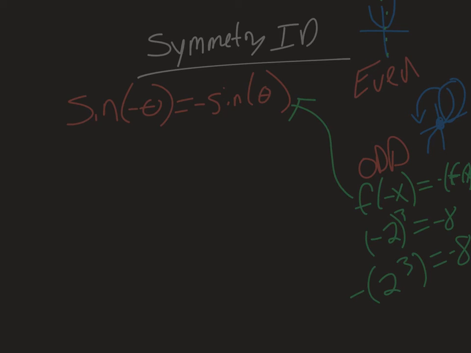And likewise, if we think about an even function, if I think about f of negative x, that would be the same as f of positive x. So I will illustrate this example in just a second. If we think about x squared, that's our textbook example of an even function.